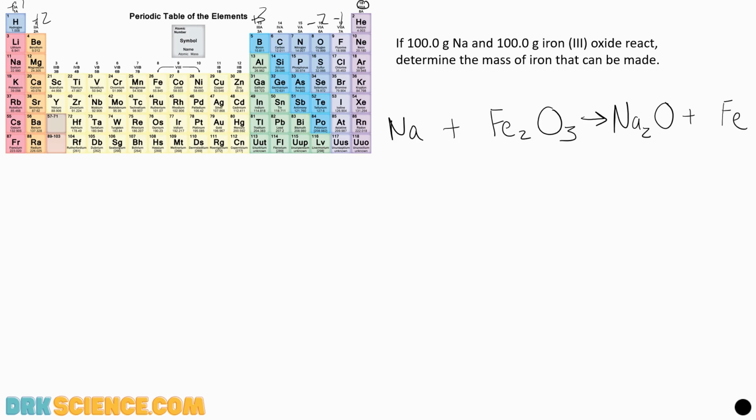The reason it's Na2O is because, again, sodium's +1 and our oxide is going to be -2. So we need 2 sodiums to make up for that O -2.